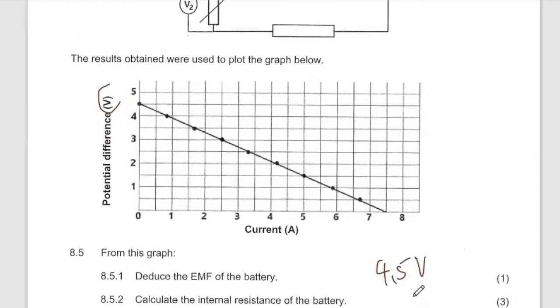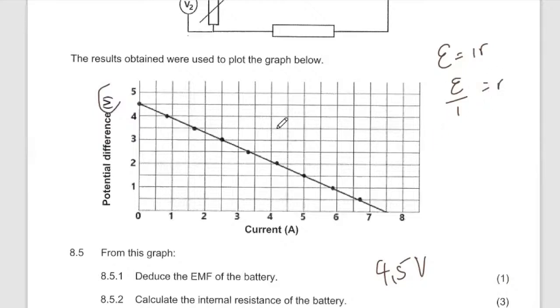Then calculate the internal resistance. So internal resistance will always be the gradient of this graph. Because if this is E, the potential difference in the current from EMF is equal to IR. If we get the EMF over the current, then we end up with the internal resistance.